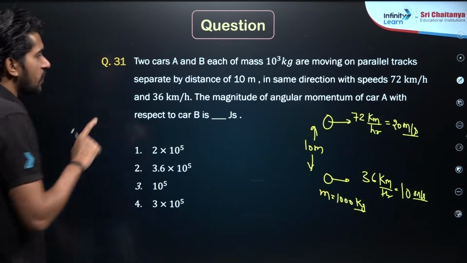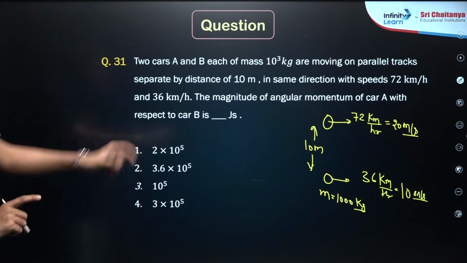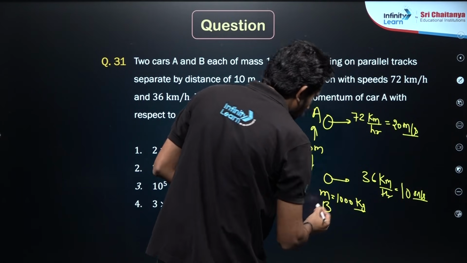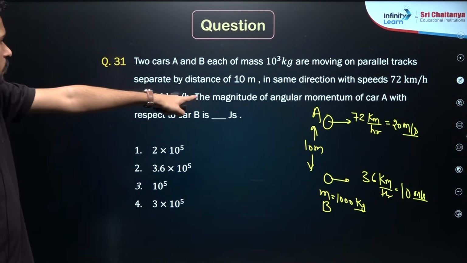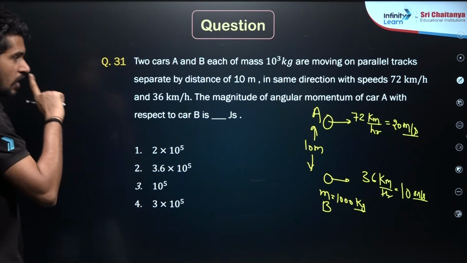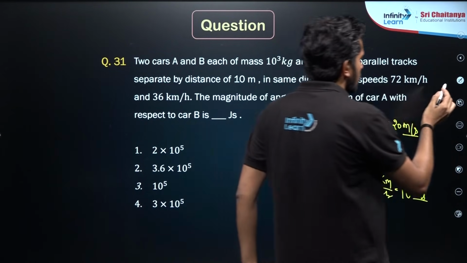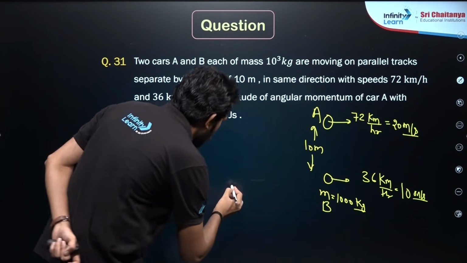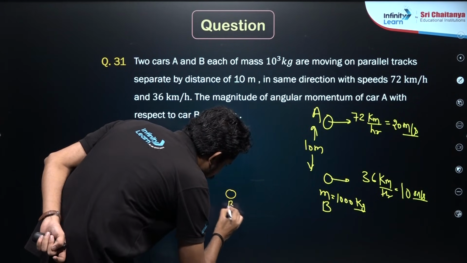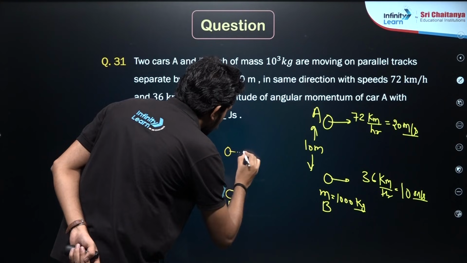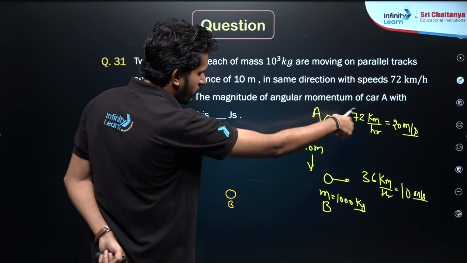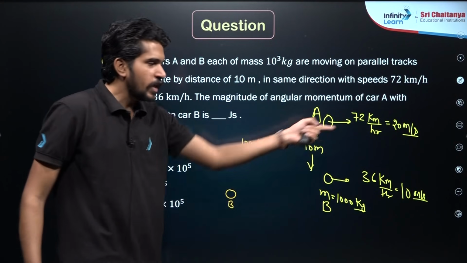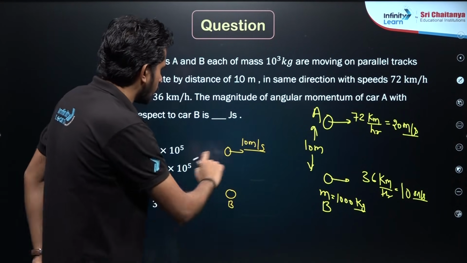Now the magnitude of angular momentum of car A, basically this one was A and this is B. So angular momentum of A. Now we are going to use relative motion. Let's say B is at rest and A is moving. So relative velocity will be 20 minus 10, that is 10 meter per second.